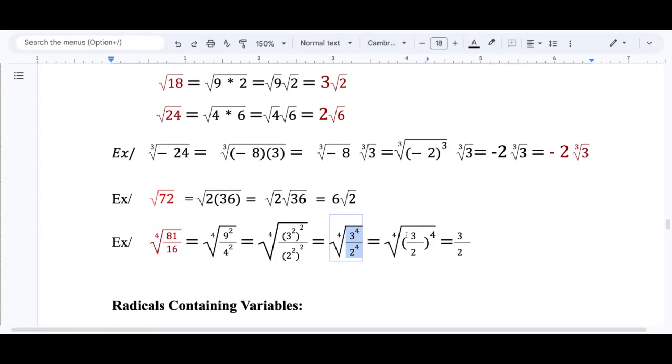So we can combine those as 3 over 2 raised by 4. And power 4 cancels out the index 4. So that just becomes 3 over 2. Any questions?